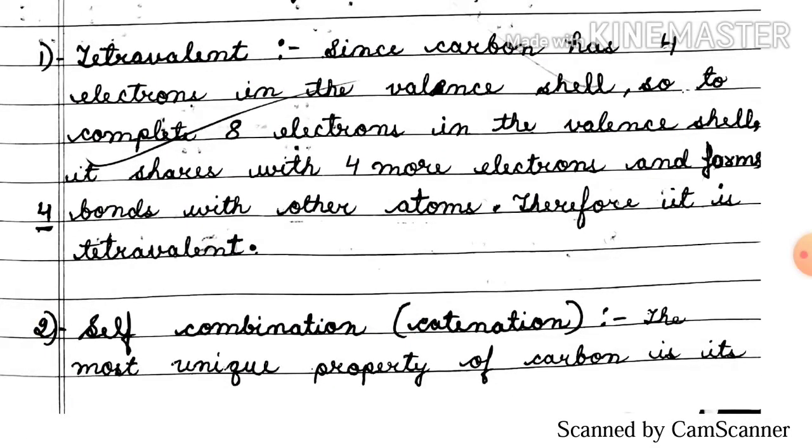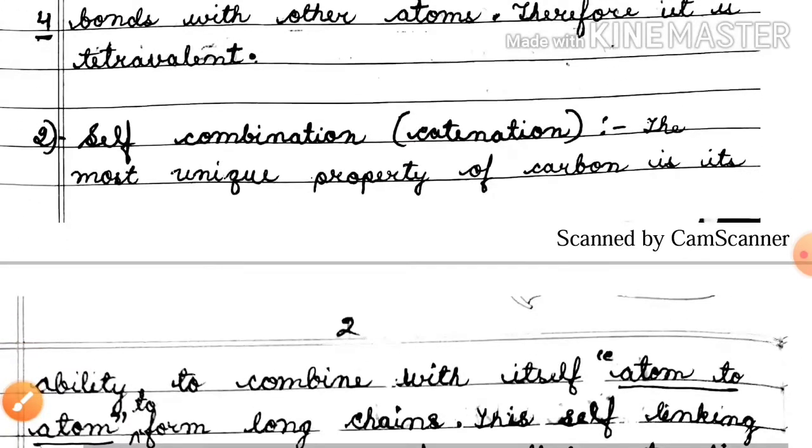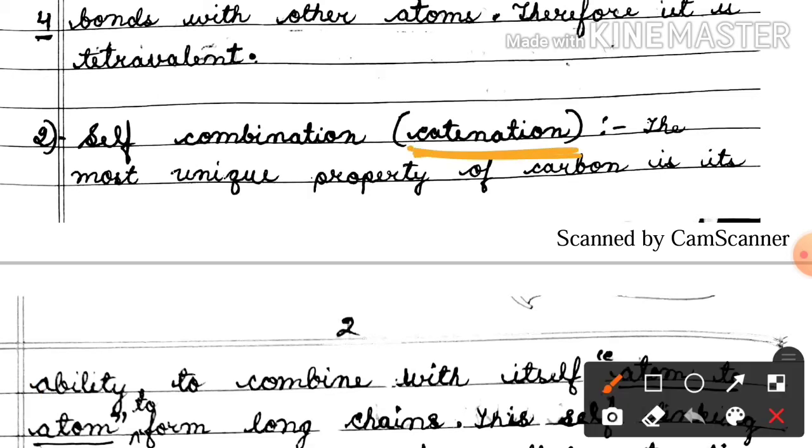So it is written here, since carbon has 4 electrons in the valence shell, so to complete 8 electrons in the valence shell, it shares 4 more electrons and forms 4 bonds with other atoms. Therefore, it is tetravalent. Second, self combination, and this property of carbon is called catenation. That is a very important property of carbon. What is catenation?